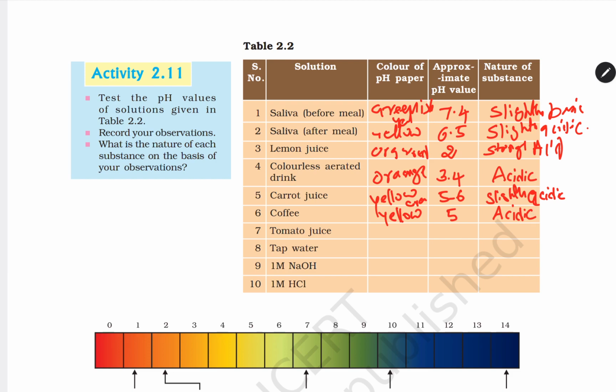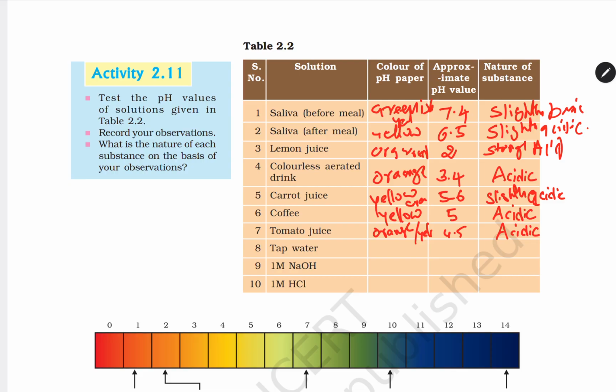Coming to tomato juice, if you dip, you can find a slight orange yellowish color, and the pH value is 4 to 4.5. You can observe around 4.5, and you all know tomato is basically acidic in nature.